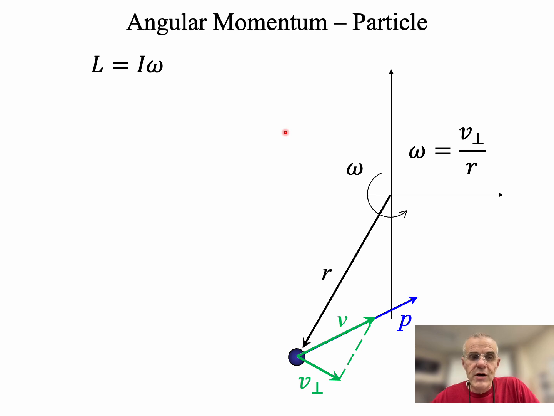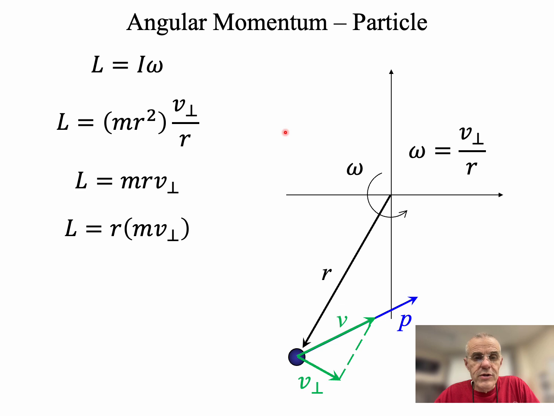So in the formula L equals I omega, we can come up with an expression for omega that would be valid wherever the particle is along this line that it's moving. I would just be m r squared, the rotational inertia of a point object, and that's what we're talking about, a particle-like object. And now we have an expression for L, m r squared times v perpendicular divided by r.